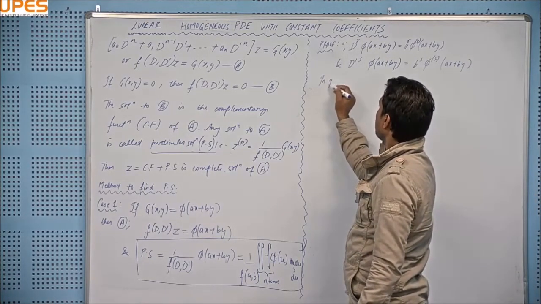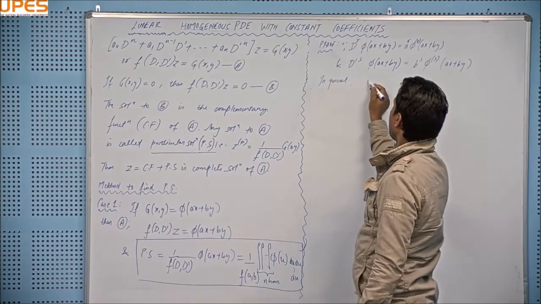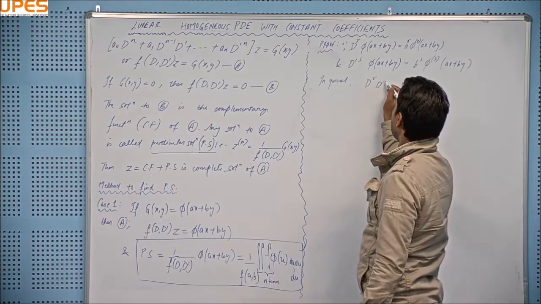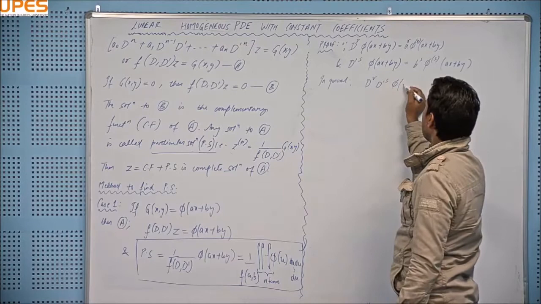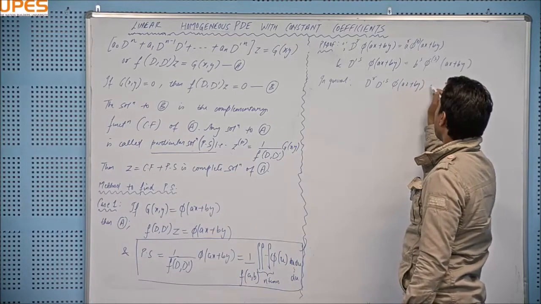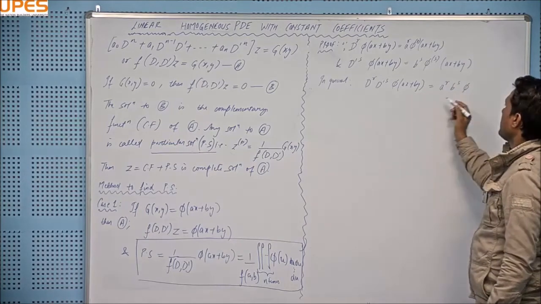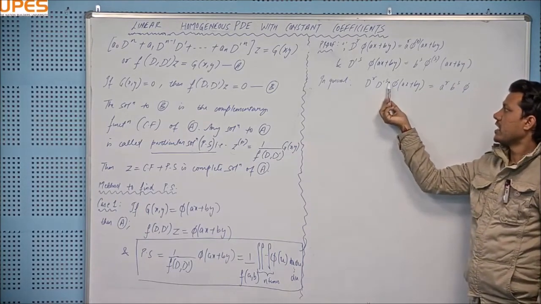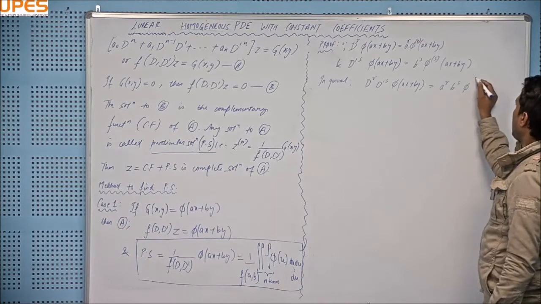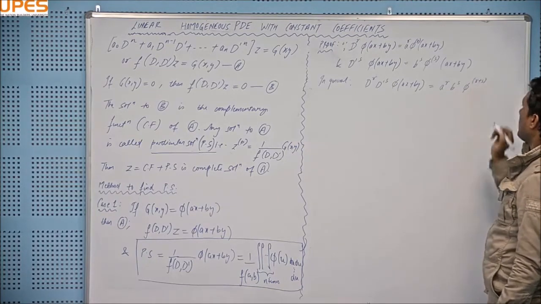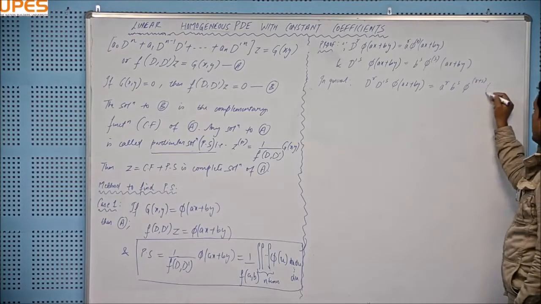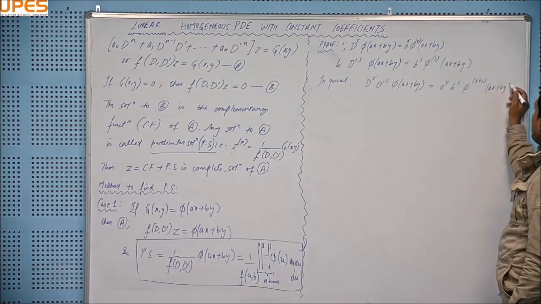In general, if I have D to the power r and D' to the power s on phi(ax + by), then I will get a to the power r, b to the power s, phi. Since the order is r plus s, the derivative will be done r plus s times, at ax + by.